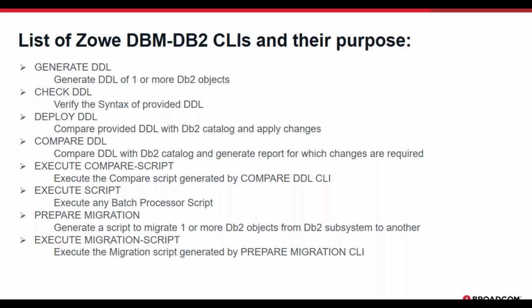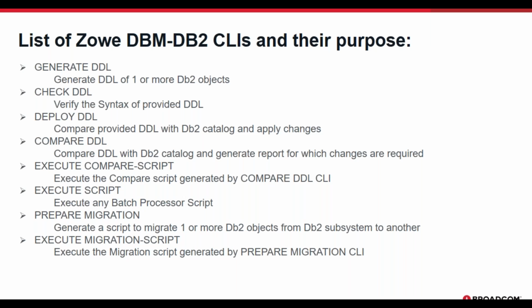I've provided a simple screenshot in the next screen as well that I'll be talking about slightly later. The functionality is that you can generate the DDL for one or more DB2 objects. You can also check the syntax of the provided DDL, which is the second enhancement. The CLI to use for that one is check DDL.